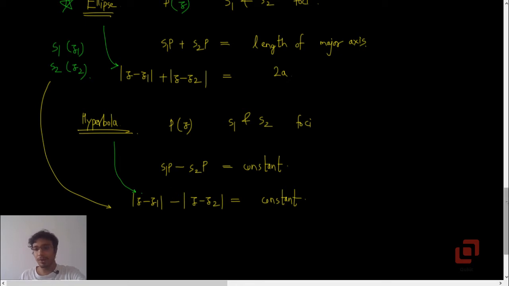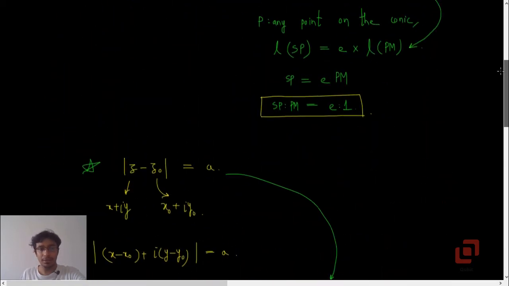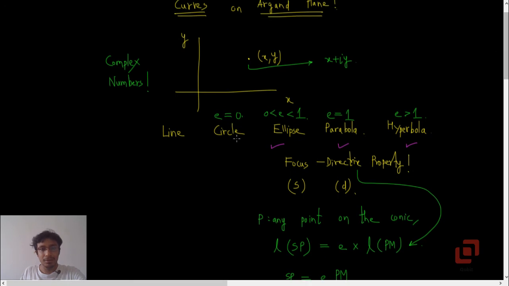Okay, so now we have talked about three equations. The equation of a circle in the standard form is mod of z minus z naught equal to a, where a is the radius and z naught is the center. What is the equation of the ellipse?